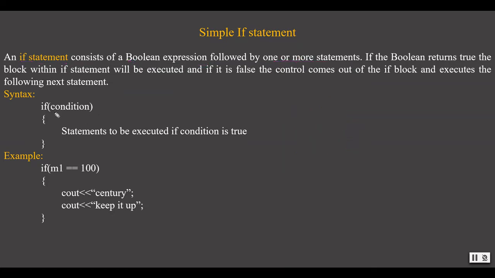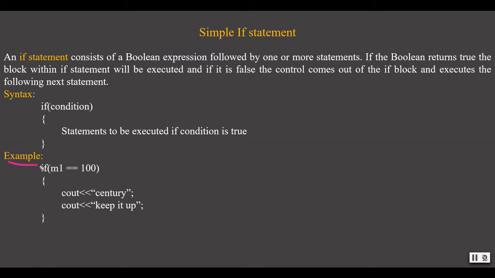The condition which we give within the if is a Boolean expression. The condition is tested, and if it returns true, the set of statements within the if structure will be executed. If it returns false, the control comes out of the if structure and the next statements within the program will be executed. This is how a simple if structure works, and this is the syntax of the if structure.